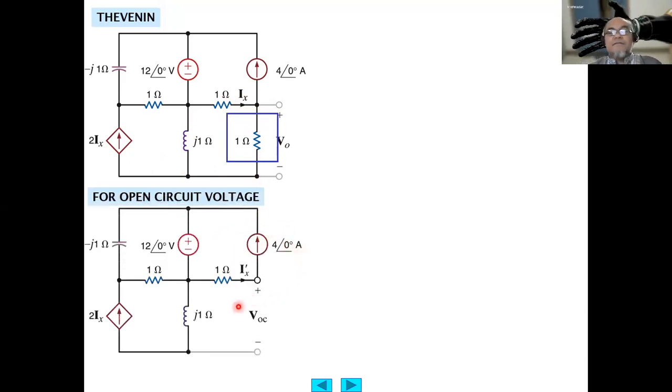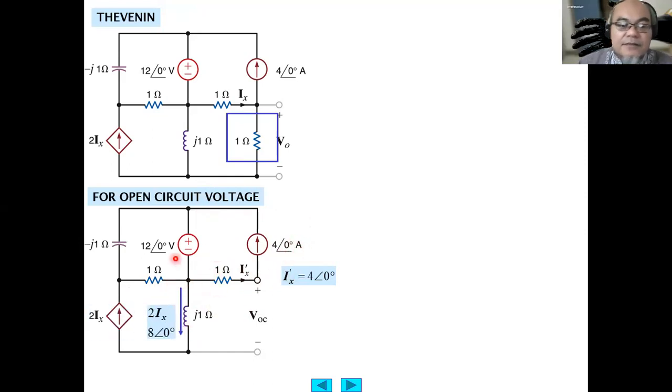First, we calculate the open circuit voltage here. We have Ix dash here, using mesh current. Since this is the same loop, this equals the 4 ampere with a phase angle of 0 degree.